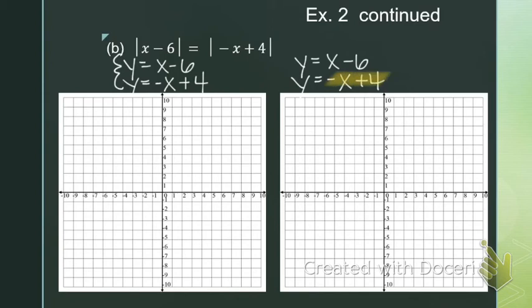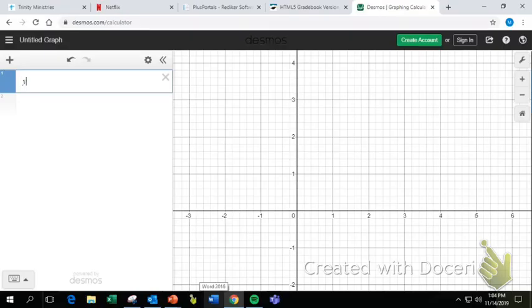Instead of negative x plus 4, it became what for you guys? X minus 4. Good. It became positive x minus 4. Awesome. Let's talk through these problems in Desmos.